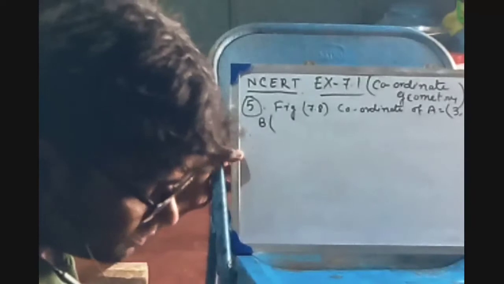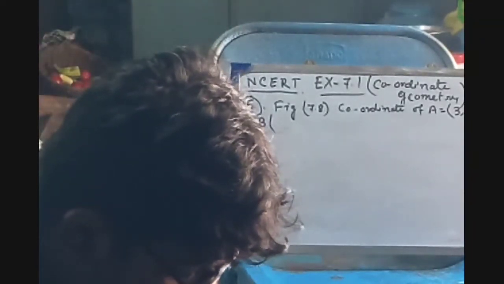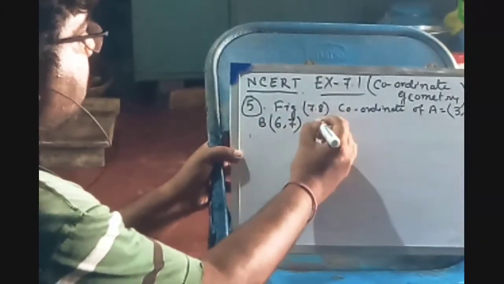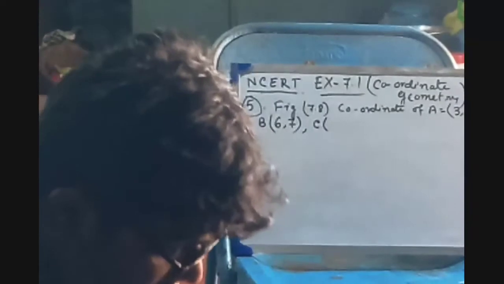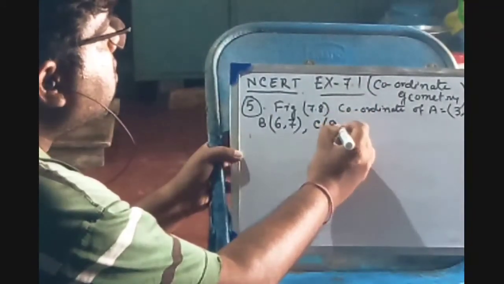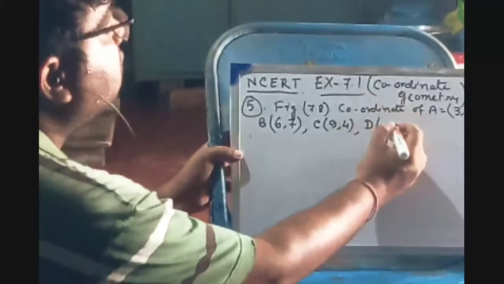Coordinate of B will be (6, 7). Next, coordinate of C should be (9, 4). And coordinate of D should be (6, 1).